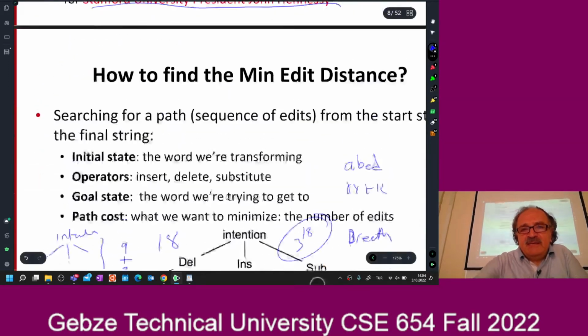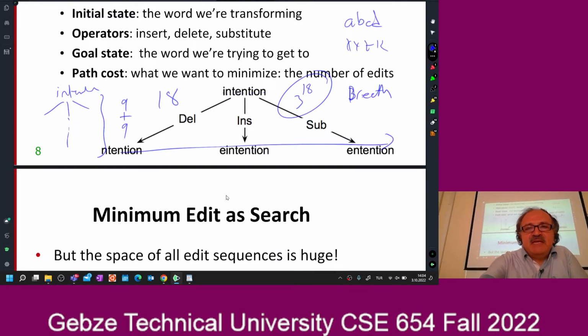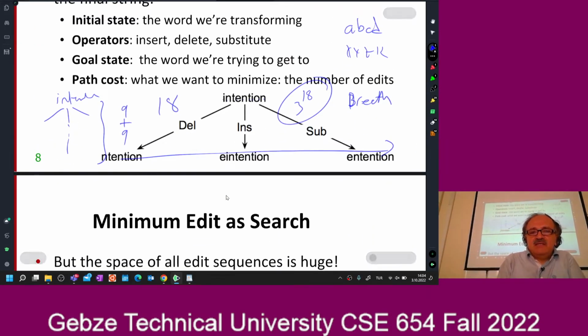By the way, remember what I said? Delete all the letters and insert all of them, or insert all the letters and delete the remaining ones. I end up at the same position, right? There are lots of redundant branches of this tree. We don't like to do redundant stuff.